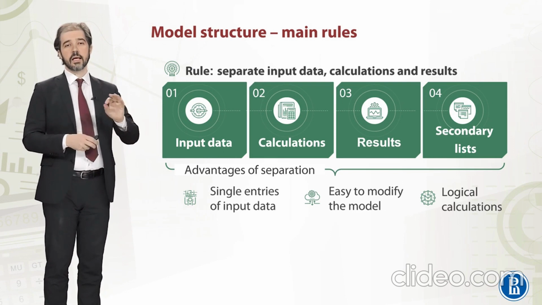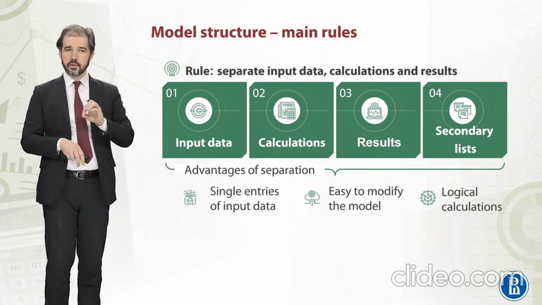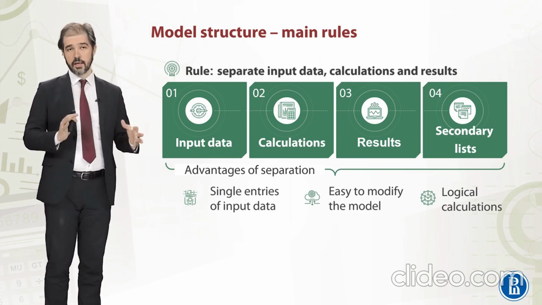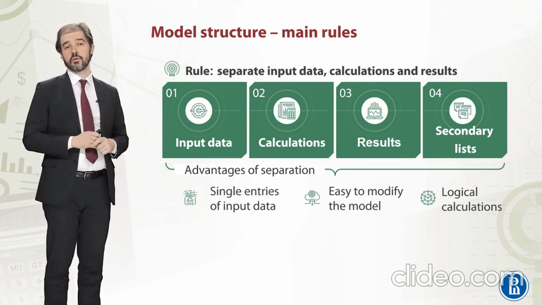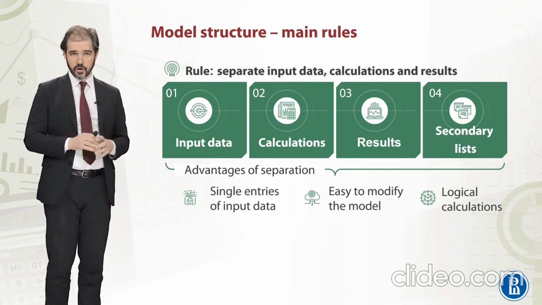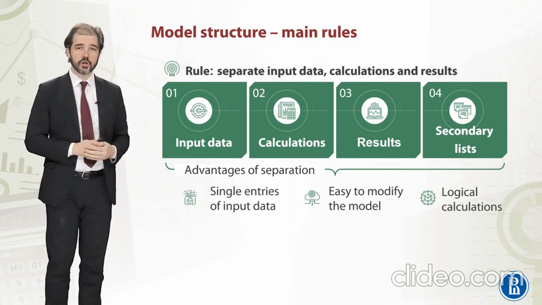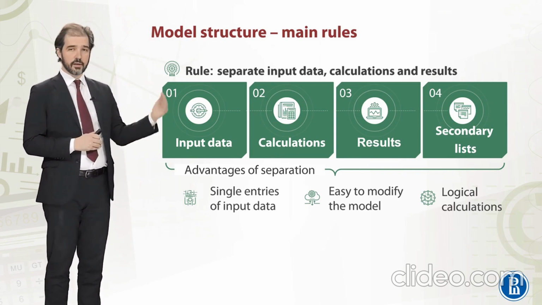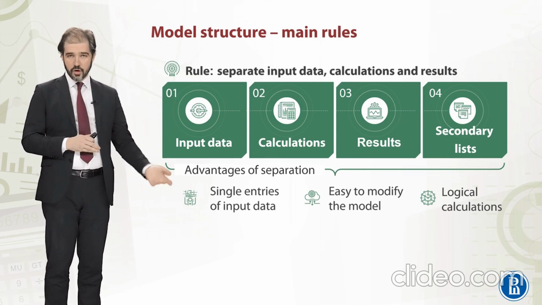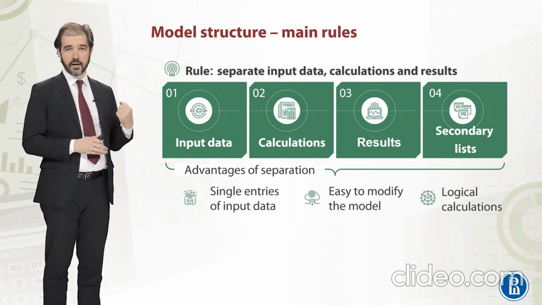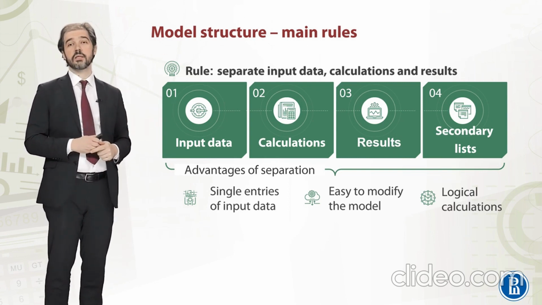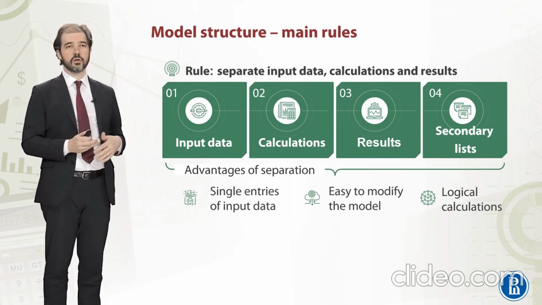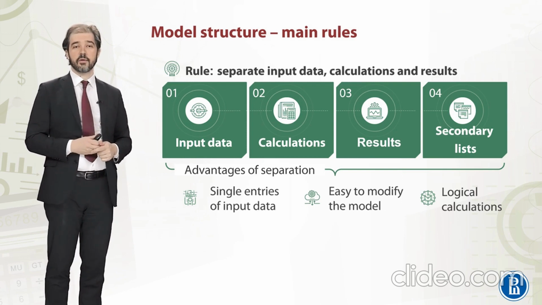Sometimes consultants separate time-dependent and time-independent assumptions, but generally they could also be presented on one working sheet. Then you have calculations of different financial forecasts. Then you have final results, pro forma financial statements, and the final results list that we have just discussed. And you may have an additional secondary list, additional information, etc.